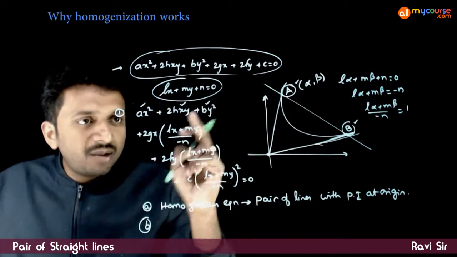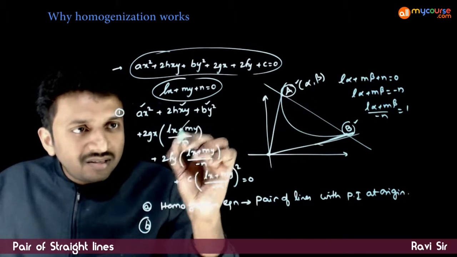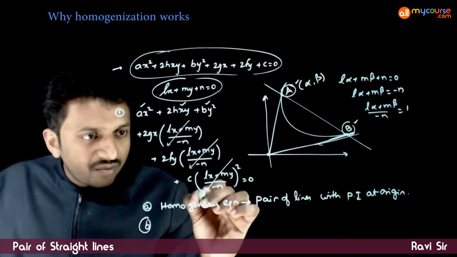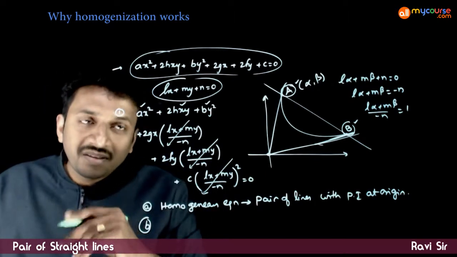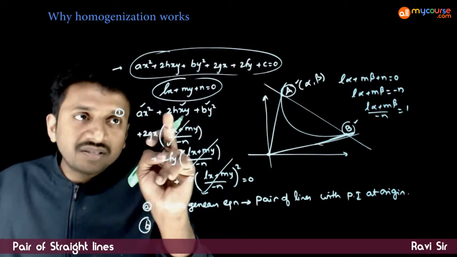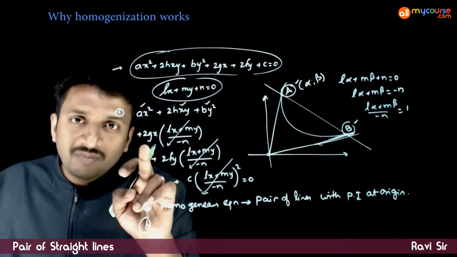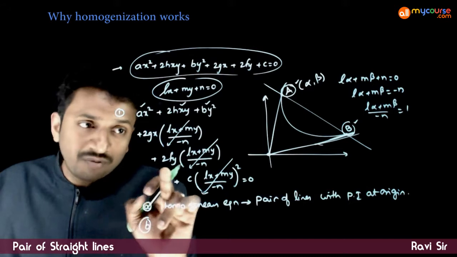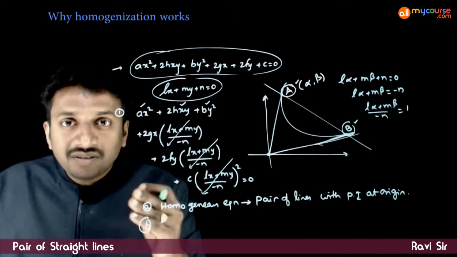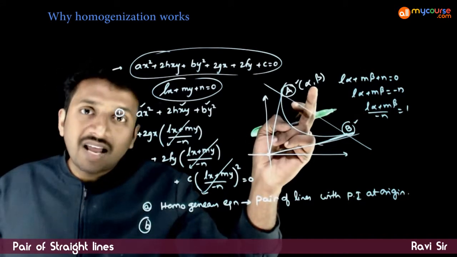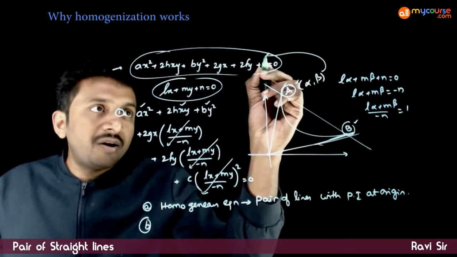So if you substitute alpha comma beta in this equation, these terms will become equal to 1, and what you're left is a alpha square plus 2h alpha beta plus b beta square plus 2g alpha plus 2f beta plus c, which is equal to 0 because alpha comma beta is also a point on this curve.